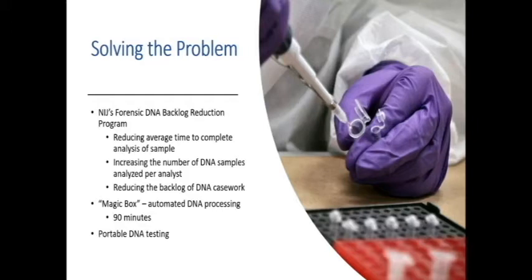And it takes about 24 to 72 hours for it to actually be processed after it has been sent to the lab. And then there's also portable DNA testing. The purpose of the portable DNA testing is that it can test the DNA and be analyzed right then and there for cops.